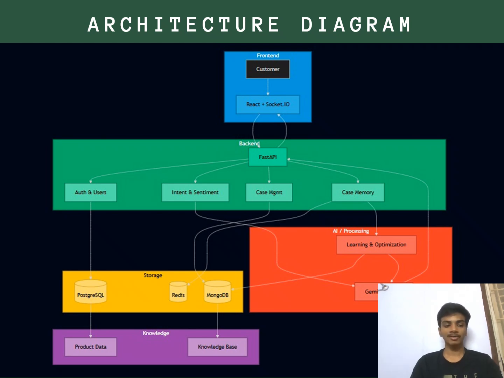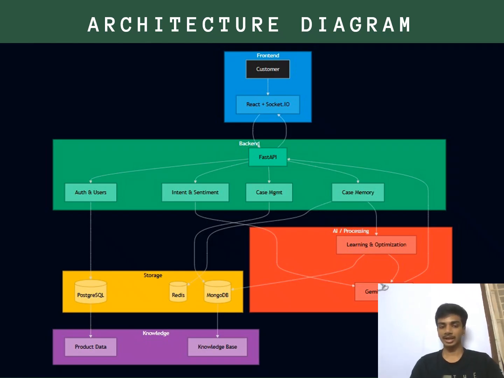The AI processing layer is also integrated into our backend, for learning and optimization. It continues to improve responses based on the feedback. The model we are using is Gemini Pro. It is our main model, used for generating answers for the queries asked. Next, we are using databases like PostgreSQL, MongoDB, and Redis. PostgreSQL will store the customer details, order details, ticket details, escalation details, and all those.